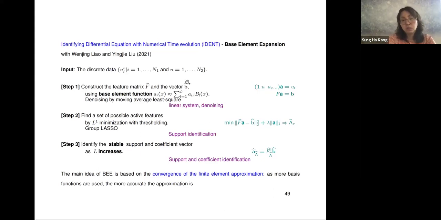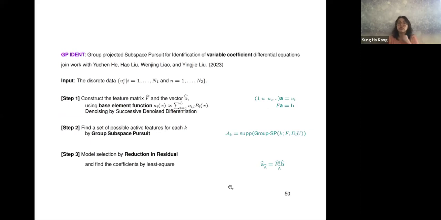Linear system, denoising we did by removing the least square. Support identification using the group lasso. Then the support needs to be refined, and then the coefficients need to be found by least squares. We move forward from this.